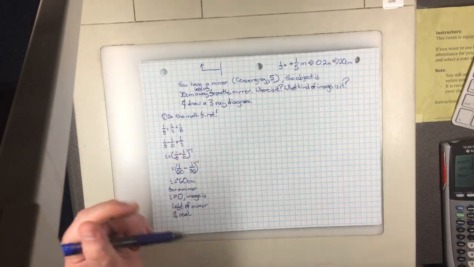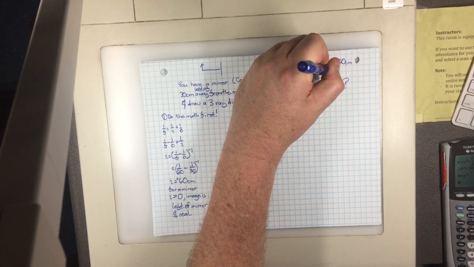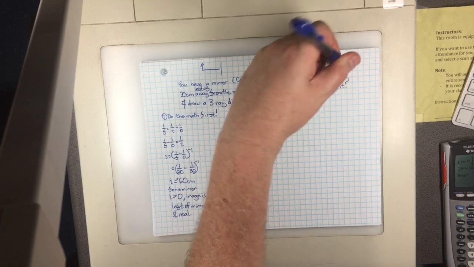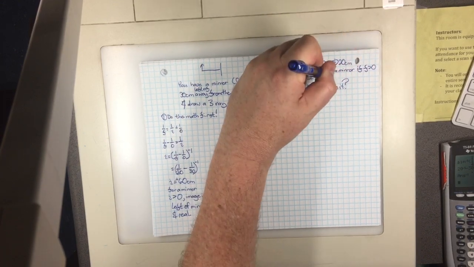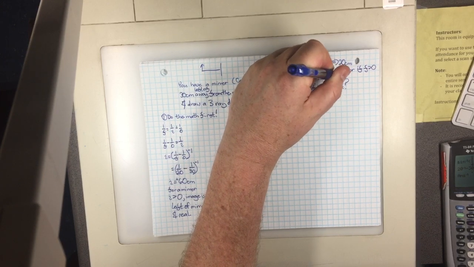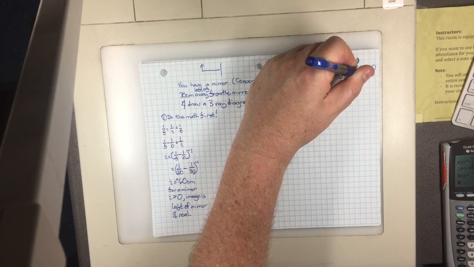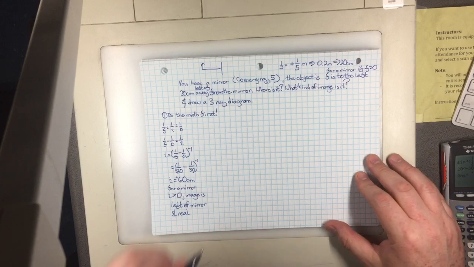The focal length for a mirror, if f is greater than 0, f is to the left. The other thing that we need to do is figure out the magnification of the object.